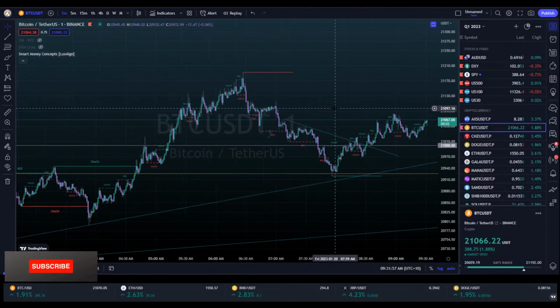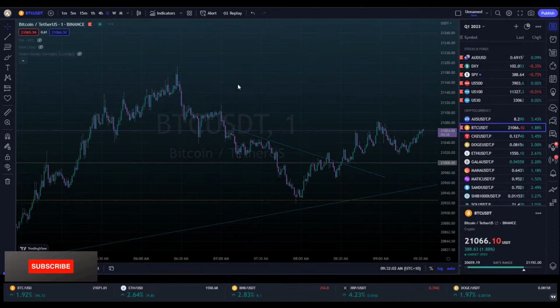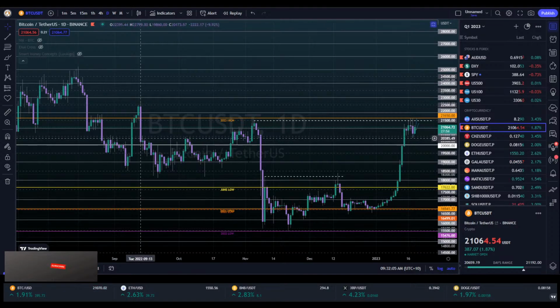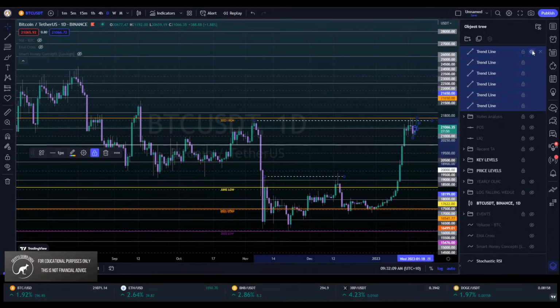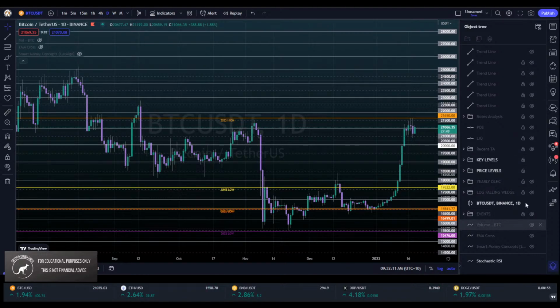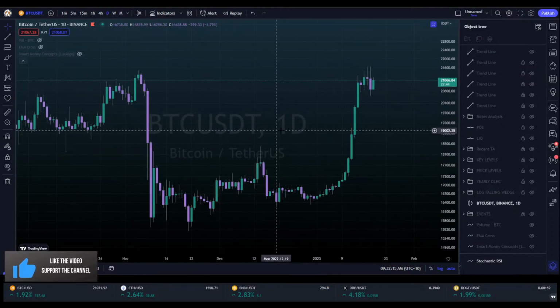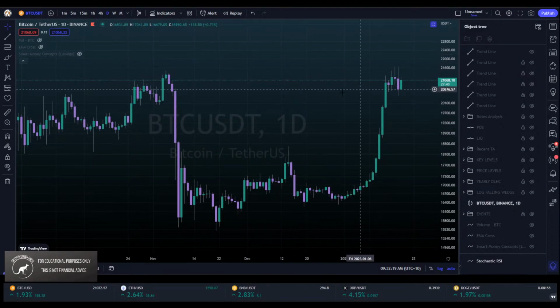But before I talk about that, let's just do a bit of a zoom out. Let's start on the daily, because everyone can get on board and on the same page if we're on the daily chart. I'm going to hide these trends here. This is just macro trend. Micro trend. Okay. So we're still up here. We're still hanging in there.